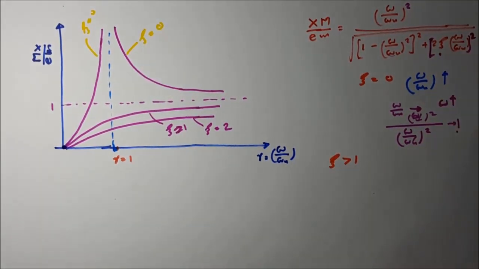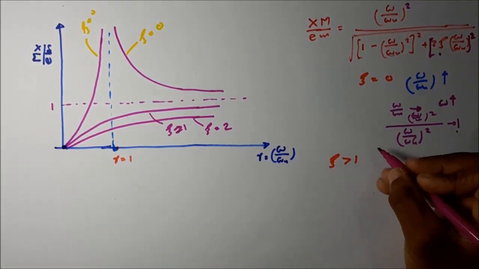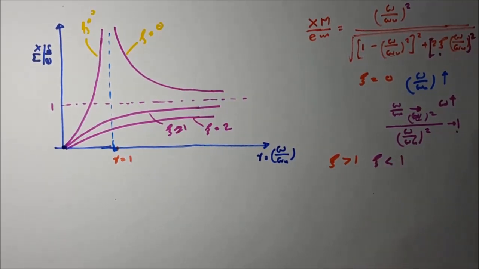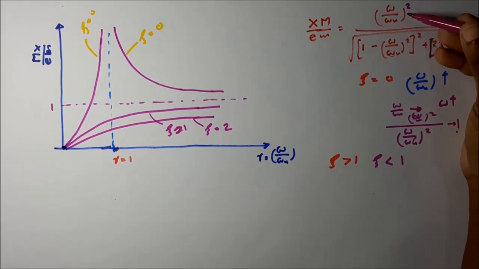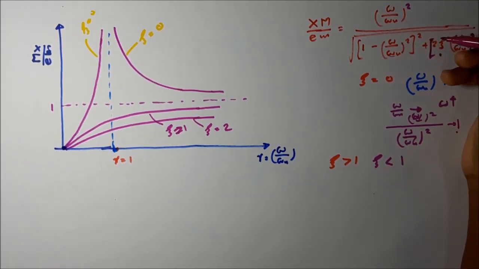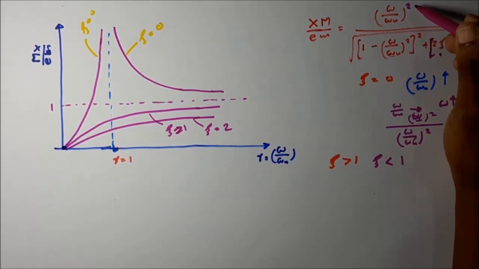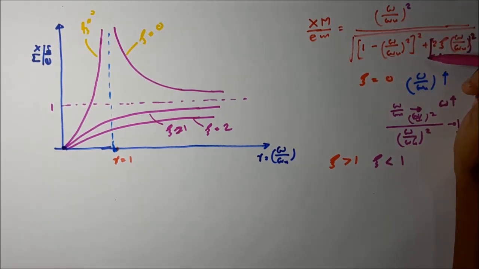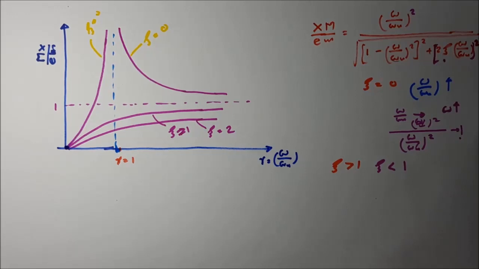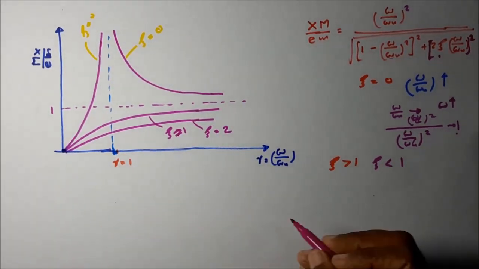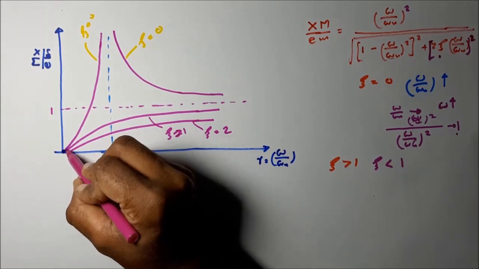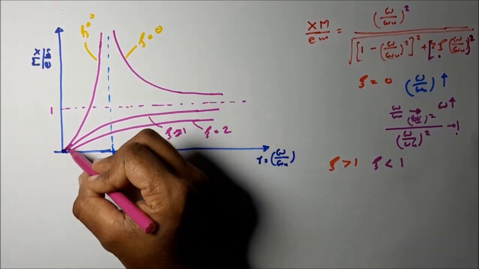Then for any theta less than 1 situation, it can go beyond 1, because in that situation the numerator can be greater than the denominator. So for that kind of graph we have these kinds of shapes.